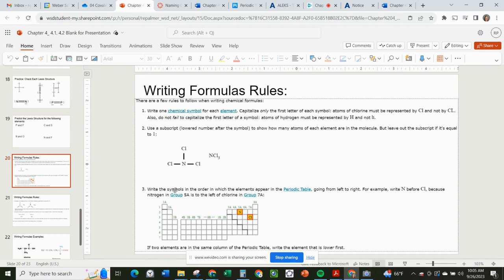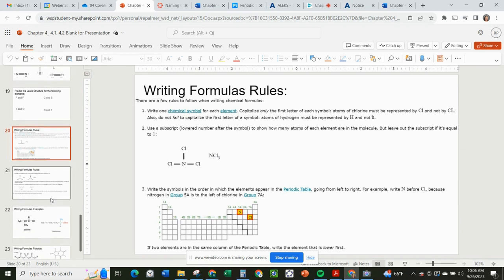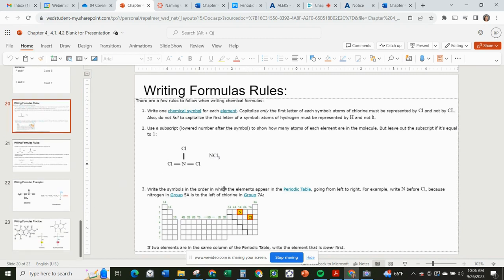Okay, so we've been practicing writing elements. We have a capital and a lowercase, and if we have more than one, we use a subscript. Then these are the rules for writing those formulas. We write the formulas from left to right, except, like in chemistry, there are lots of exceptions, except for hydrogen.